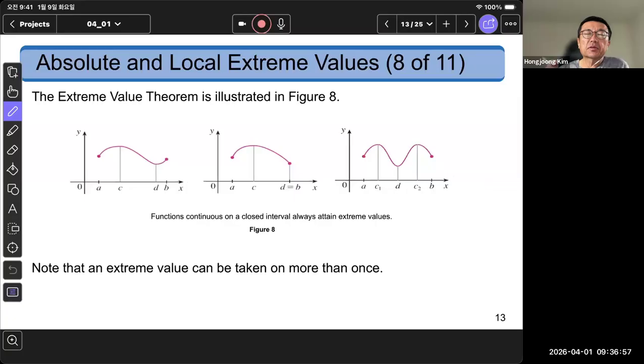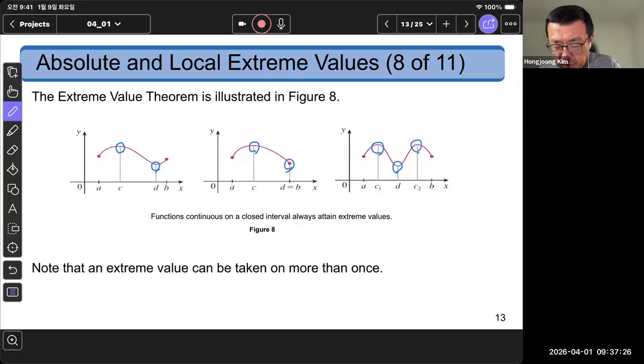These are some examples. In figure 8, I'm looking at three different continuous functions. In each graph, I always have an absolute maximum and absolute minimum, or multiple absolute maximum and absolute minimum.